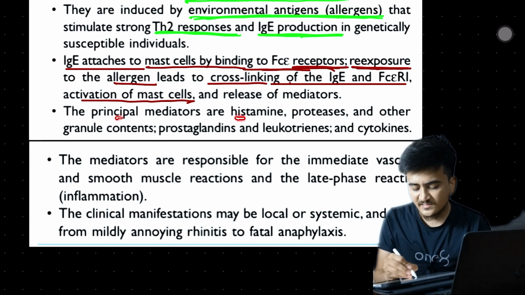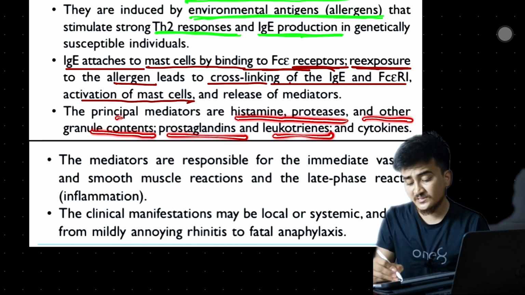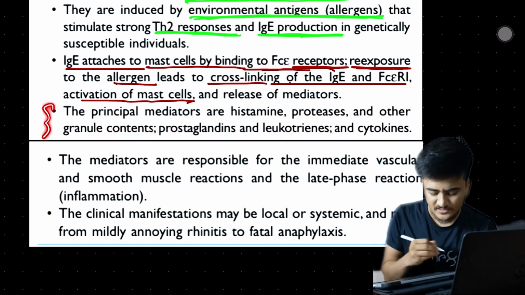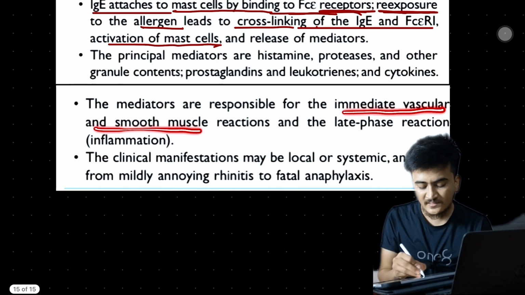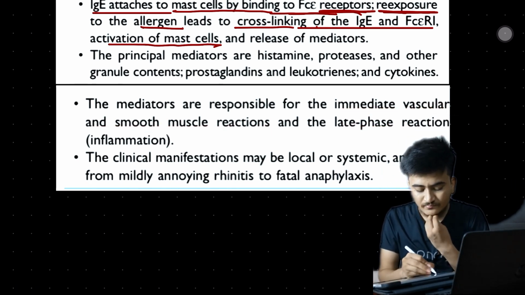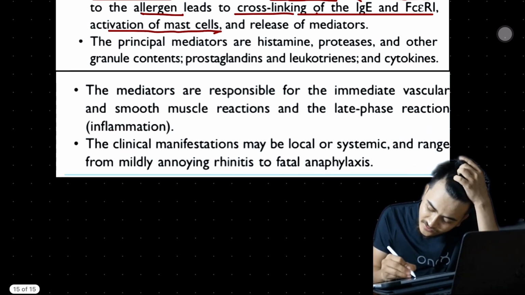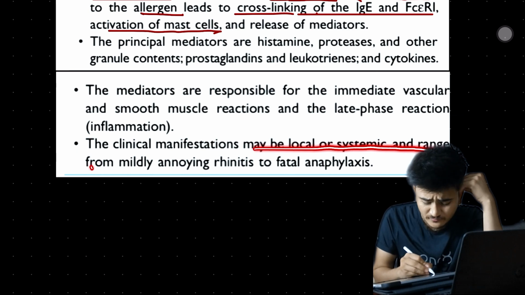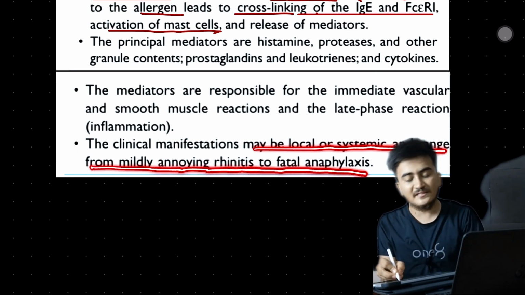The principal mediators are histamine, proteases and other granule contents, prostaglandins, leukotrienes, and cytokines. The mediators are responsible for immediate vascular and smooth muscle reactions. Late phase reactions are responsible for causing inflammation, right? The clinical manifestation may be local or systemic and range from mildly annoying rhinitis to fatal anaphylaxis.